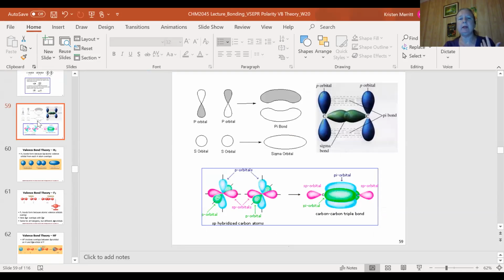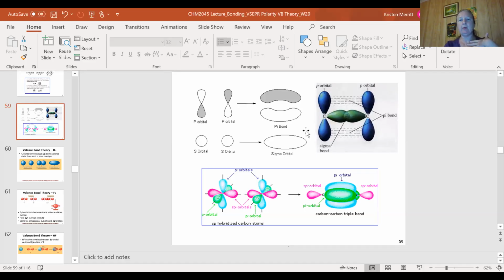In that picture I just showed you, along what I'm going to call the x-axis, we had our sigma, and then parallel p orbitals along the y-axis, above and below, that's these guys. Our third, our triple bond, is the p orbital along the z-axis.